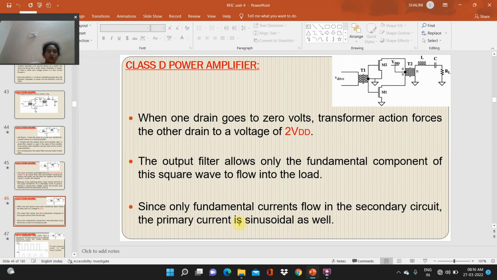When one drain goes to 0 volts, transformer action forces the other drain to a voltage of 2 VDD. The output filter allows only the fundamental component of the square wave to flow into the load. Since only fundamental currents flow in the secondary circuit, the primary current is sinusoidal as well.